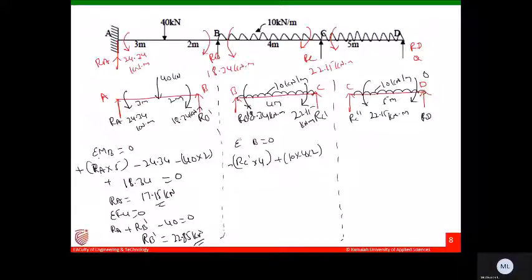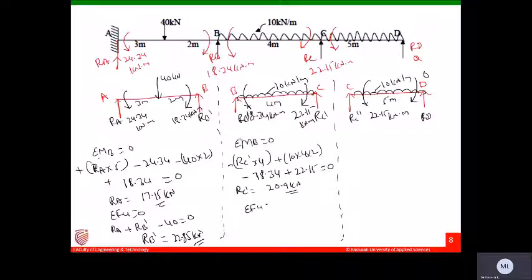Then minus 18.34 plus 22.15, this is MB, 22.15 equals to 0. Then RC dash you will get 20.9 kilonewtons.